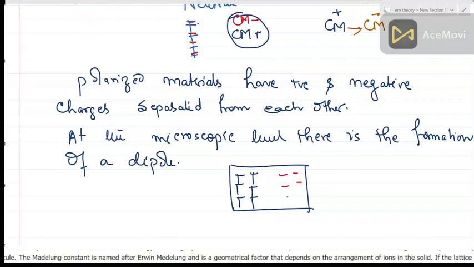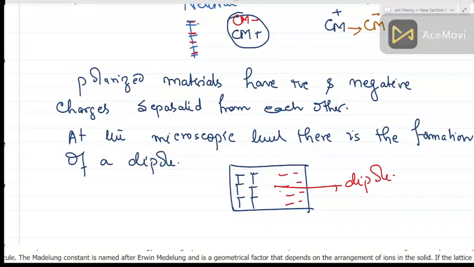So if this is a polarized material, this is the region of positive charge, and at a slight distance from it is the negative charge region. So it is a dipole, a microscopic dipole. This is called polarization. That happens in a dielectric material.